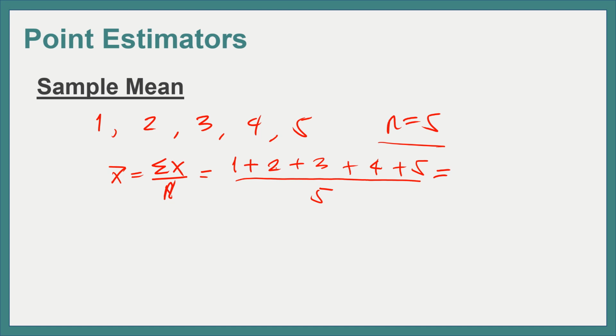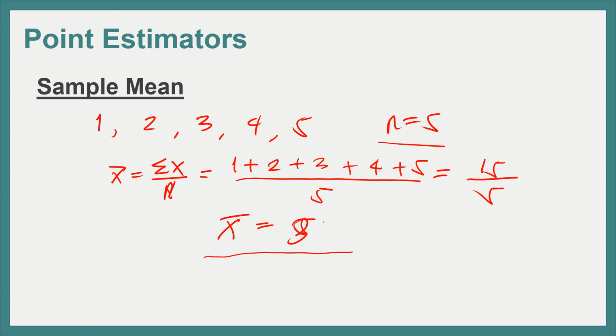So we have here 1 plus 2 plus 3 is 6, plus 4 is 10, plus 5 is equal to 15, divided by 5. So our sample mean, the point estimate, is equal to 3. So 15 divided by 5 is equal to 3. So this is the value of our sample mean.